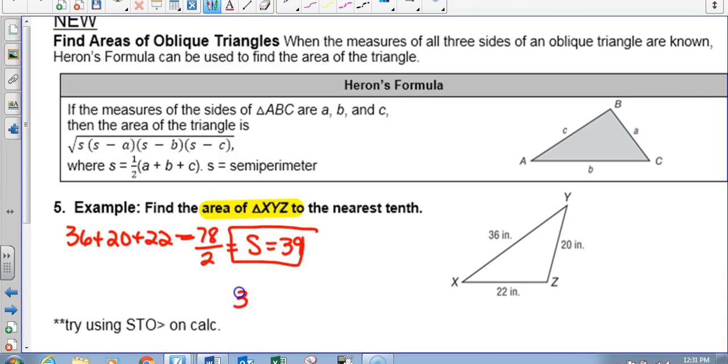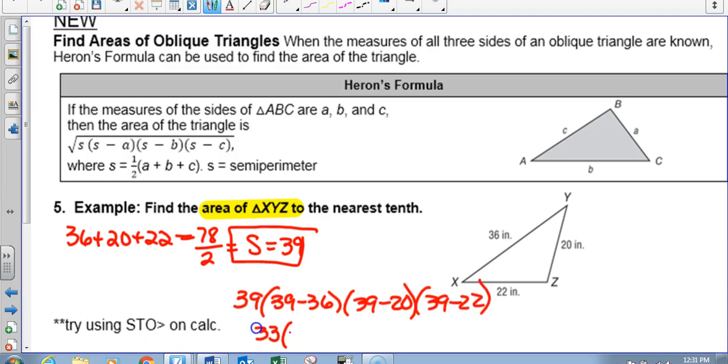So you would have 39 times 39 minus 36 times 39 minus 20 times 39 minus 22, which would be 39 times, whoa, 39 times 3 times, what is that, 19 times 17?